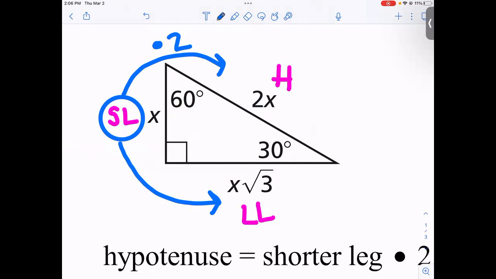If you have the short leg, you are going to times 2 to get to the hypotenuse. Could you repeat that?